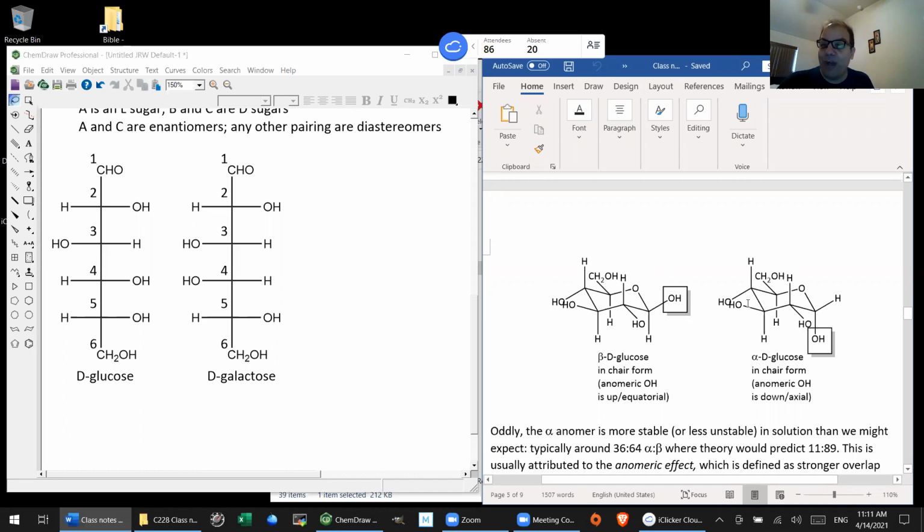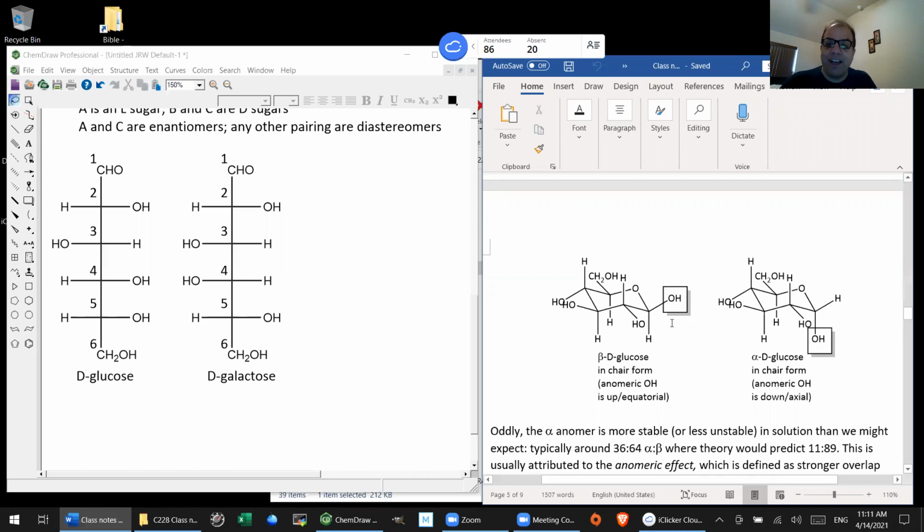The way to know how the bond angles are situated is just the same as with cyclohexane, except we've replaced one of the CH2 carbons with an oxygen. And then lo and behold, you'd have glucose. And here's a really interesting coincidence, one which I can't explain. I think it's just a coincidence.